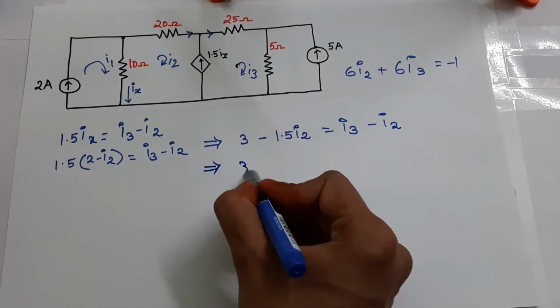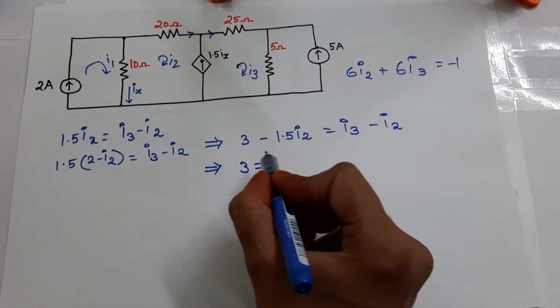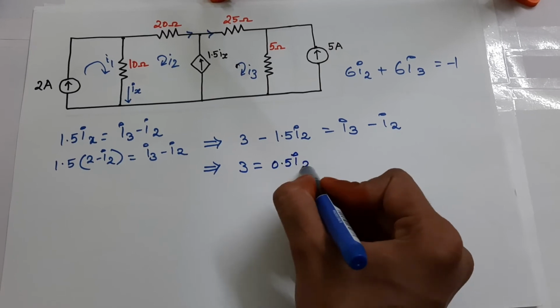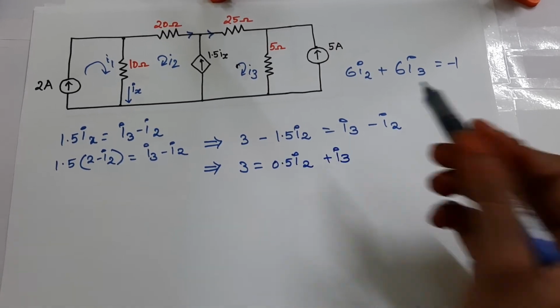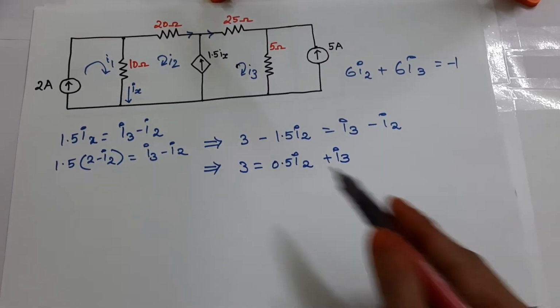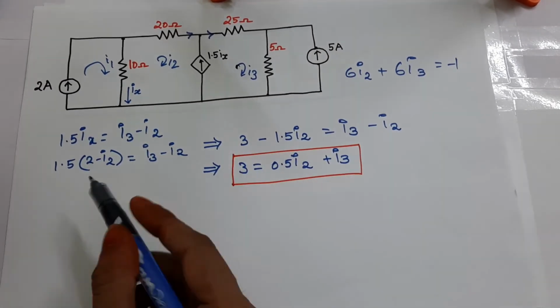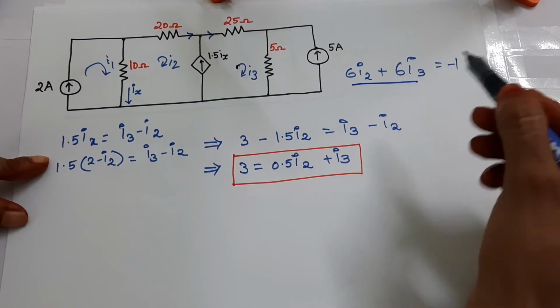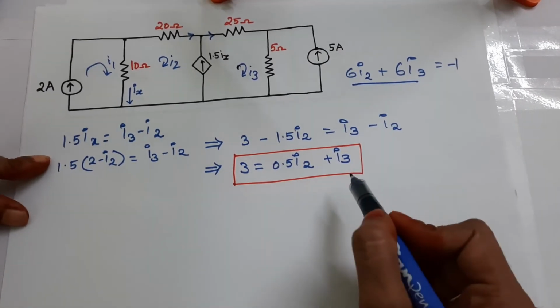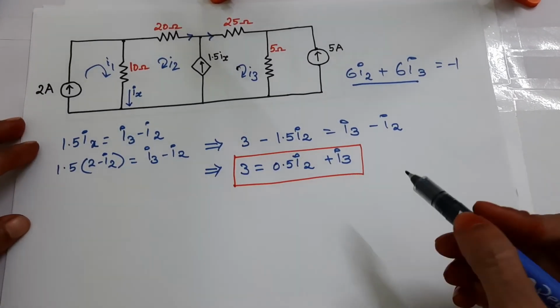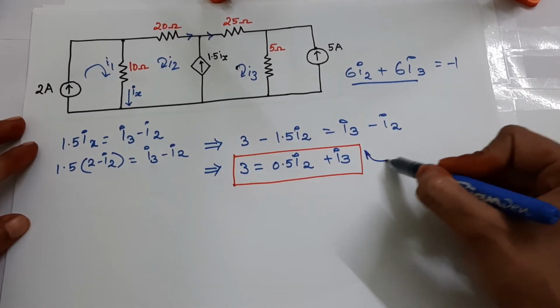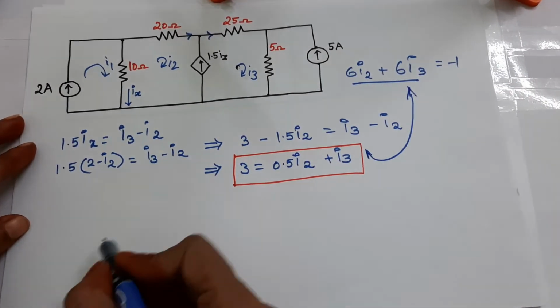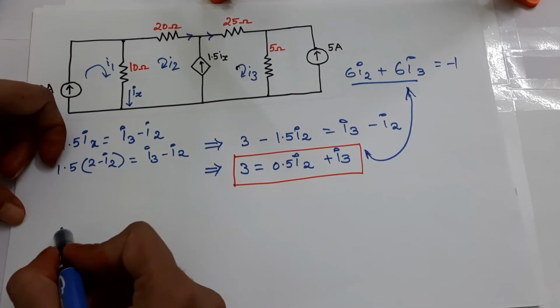This implies that 3 is equal to 0.5 I2 plus I3. So we have two equations here. What are the equations? 6 I2 minus I3 is 1, and 0.5 I2 plus I3 is 3. If we solve both these equations, we will be getting the currents.